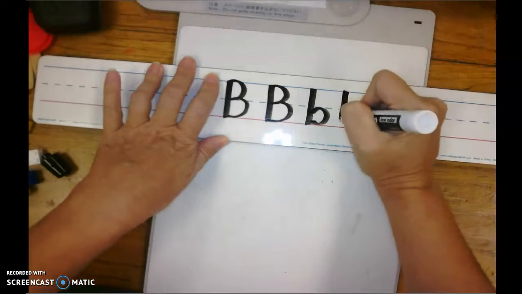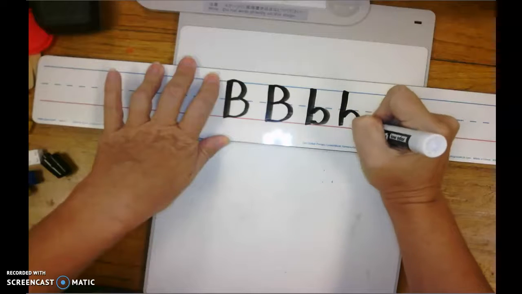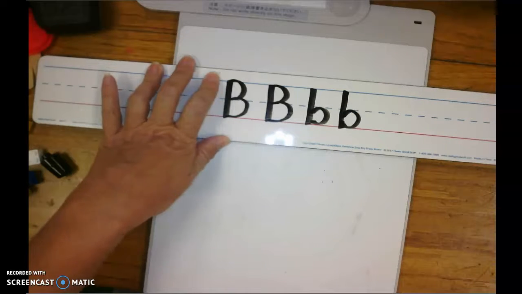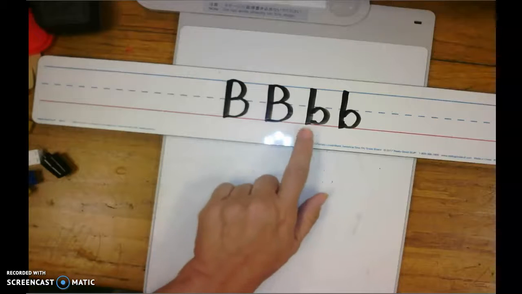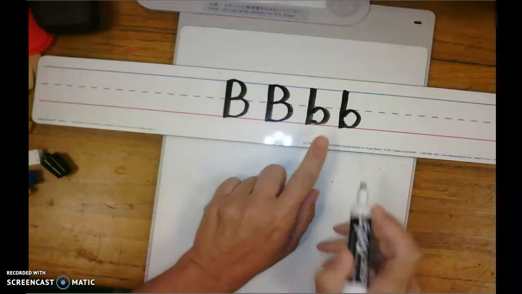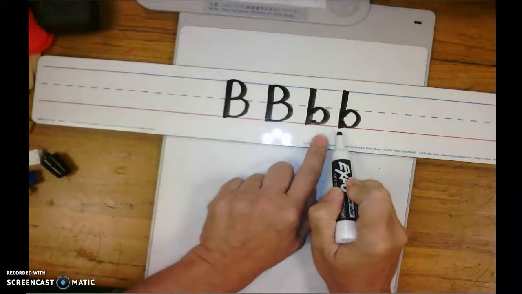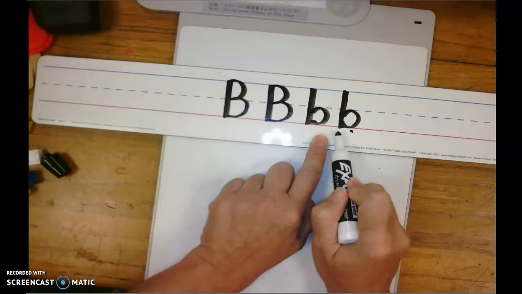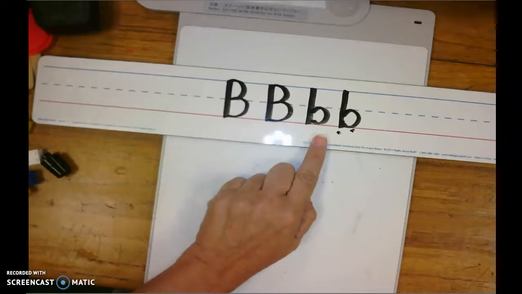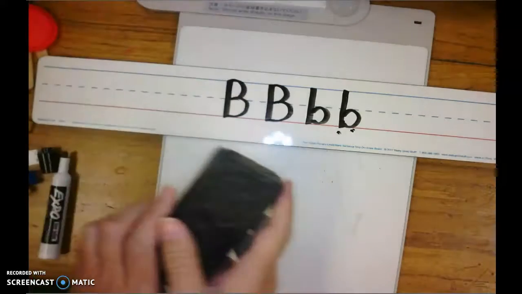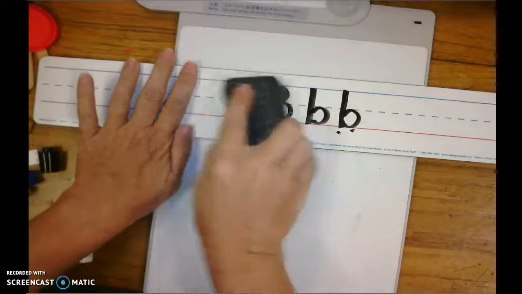He's kind of tricky because we've got to be careful once we start talking about D. They look very similar, but I can remember that lowercase b has a line and then a bubble, or sometimes we say he starts with a bat and then he has a ball. First he has a bat and then he has a ball. So here are my B's, capital B and lowercase b.